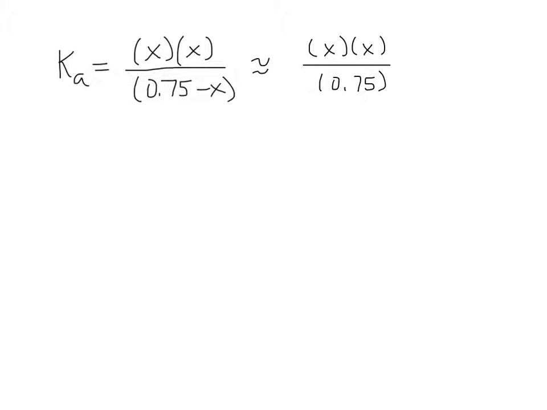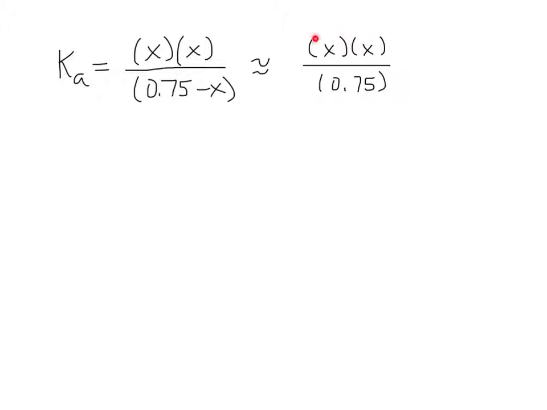And the reason why we can do that is two things. One, our Ka value is very, very small. Second, the concentration of our acid is relatively significant. A 0.75 molar solution is reasonably concentrated. So this amount X compared to what we're starting with is going to be insignificant.